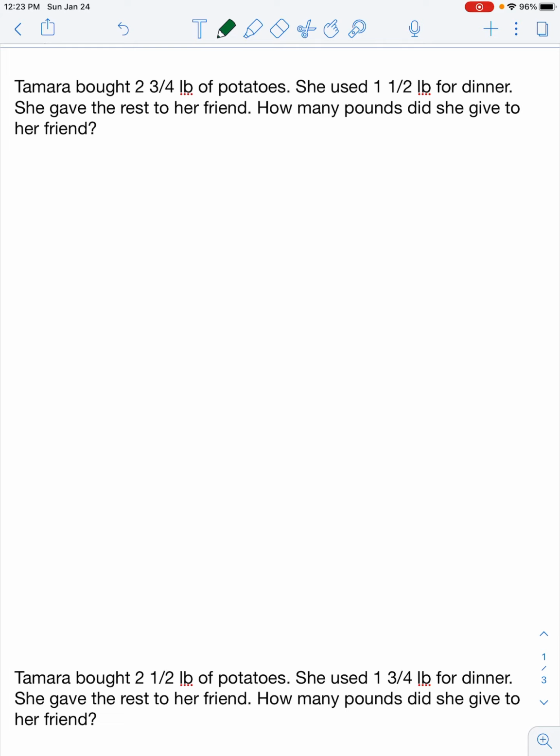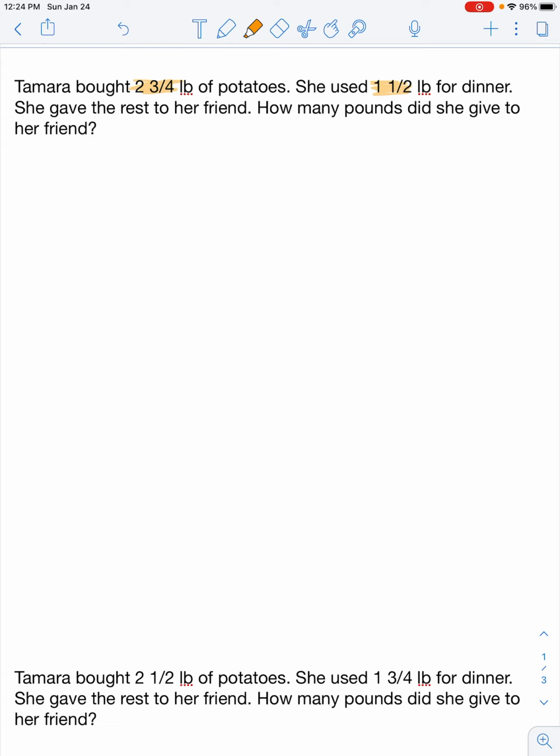Suppose Tamara bought 2 3/4 pounds of potatoes. She used 1.5 pounds for dinner and she gave the rest to her friend. And we want to know how many pounds did she give to her friend.